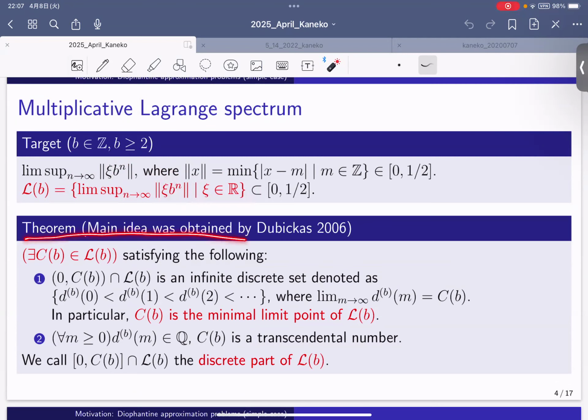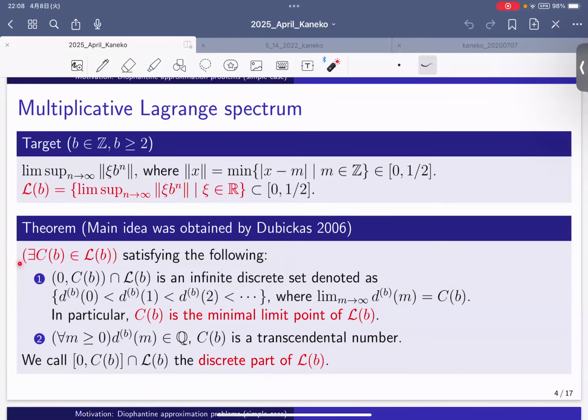The next theorem is that, in some sense, a discrete analogy of the discrete part of the classical Markov and Lagrange spectrum occurs.